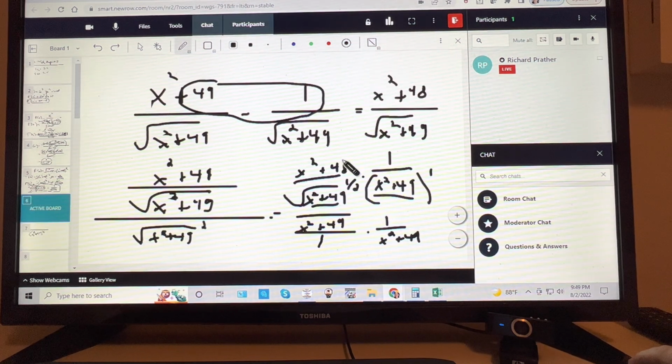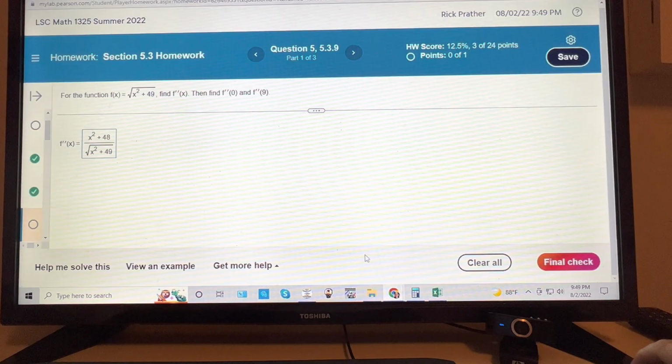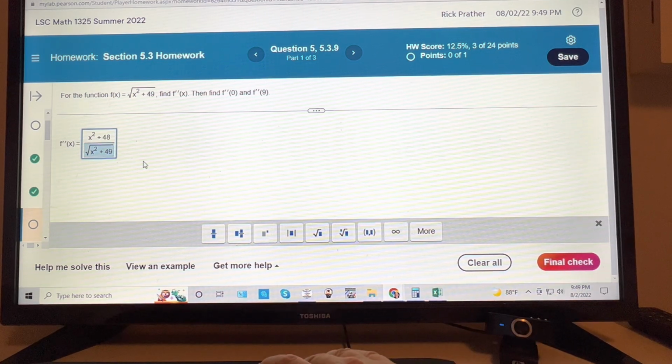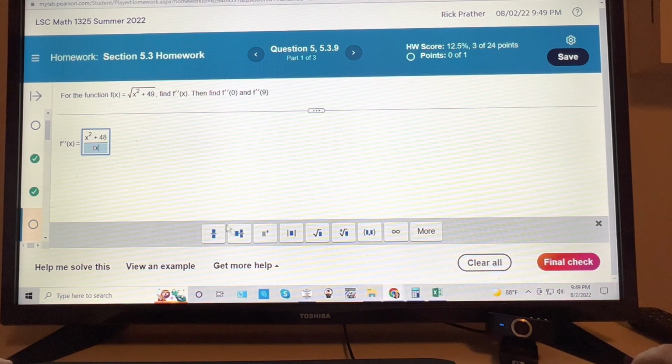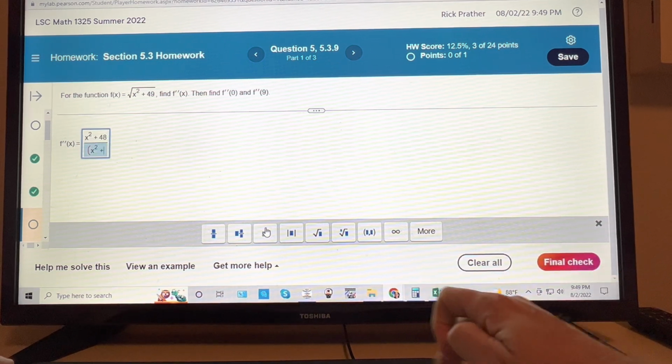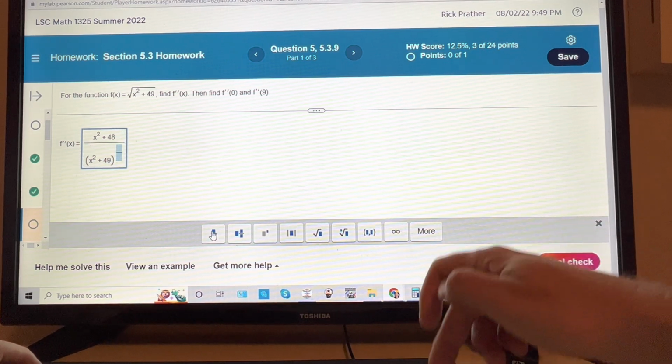And then the numerator is just times 1, so although the example they did only had a number in it, mine's got an x squared. So x squared plus 48 over that x squared plus 49 to the 3/2. So I think all I was missing was that this should be 3/2, not 1/2. To the 3/2 power.